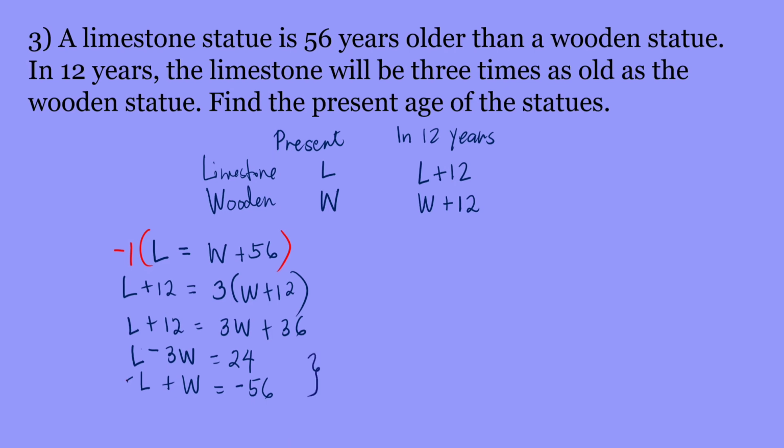We can cancel out L by addition. We add these two variables here, so that will become negative 2W. Also with this, we add this. So negative 56 plus 24 is negative 32.